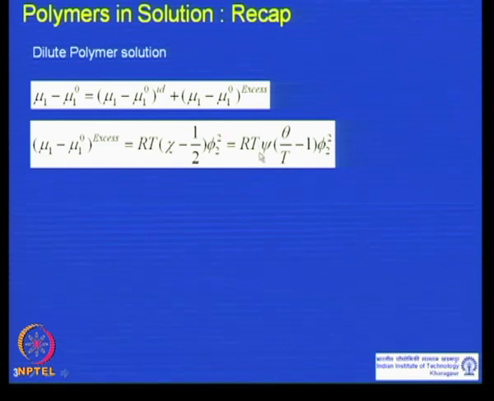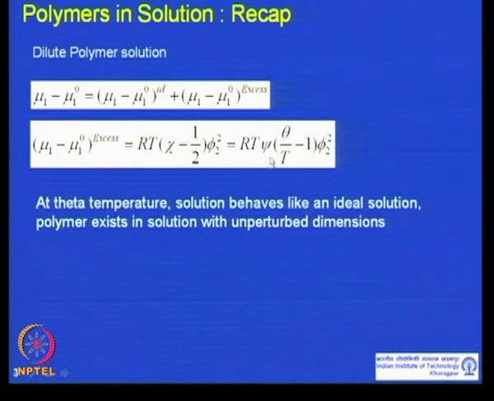In dilute polymer solution, we found a relationship for the excess chemical potential, and at theta temperature this excess contribution becomes 0 and the solution becomes ideal.